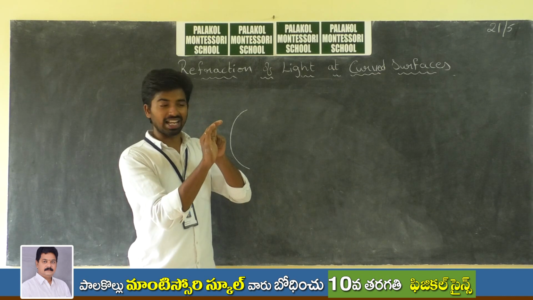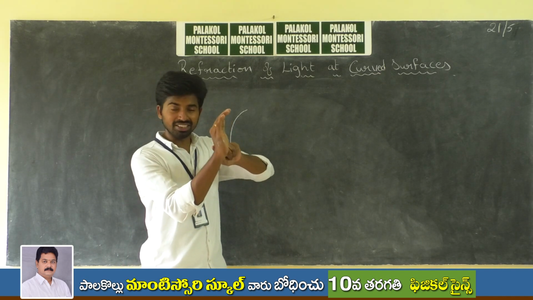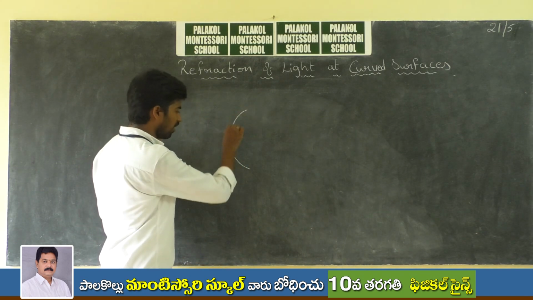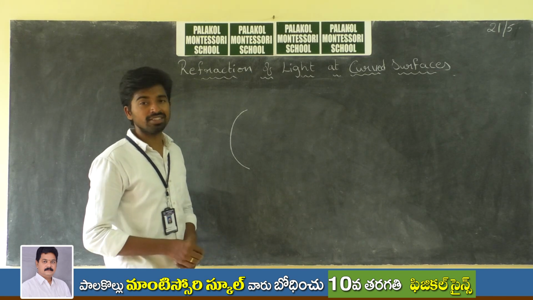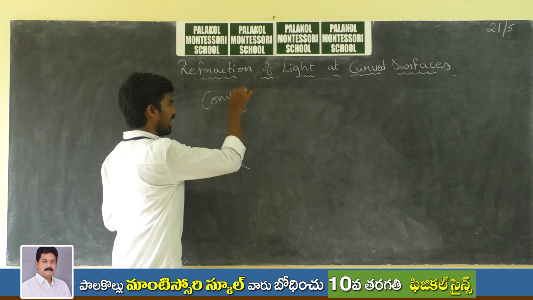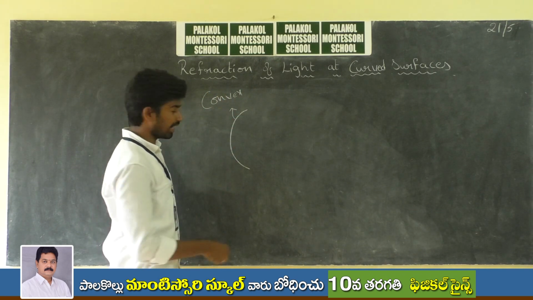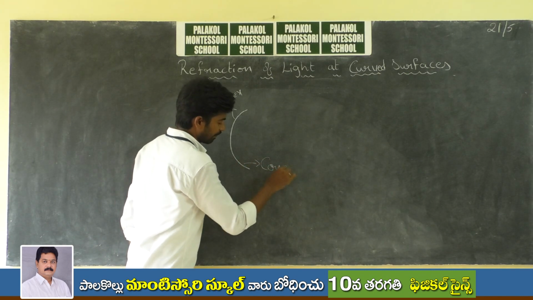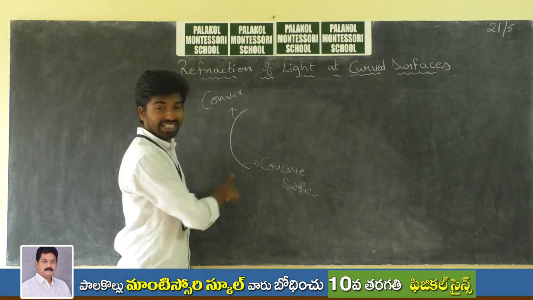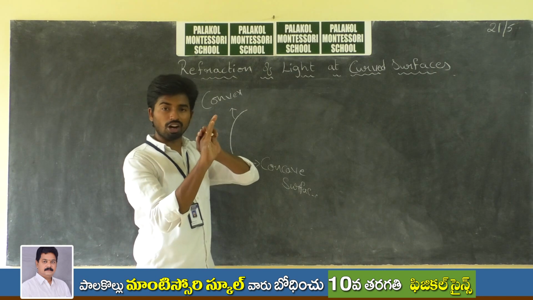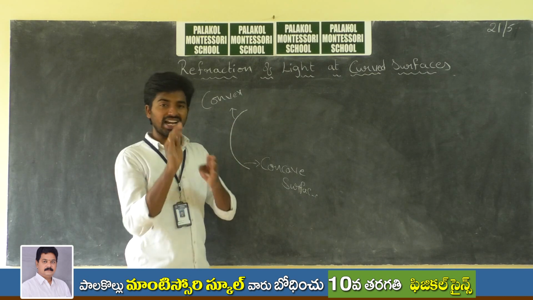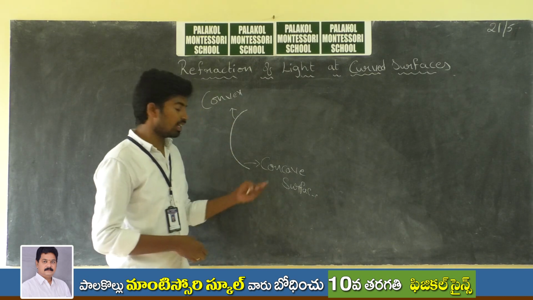The bulging surface is called the convex surface, and the inward curved surface is called the concave surface. The spherical curve consists of two surfaces: convex and concave.